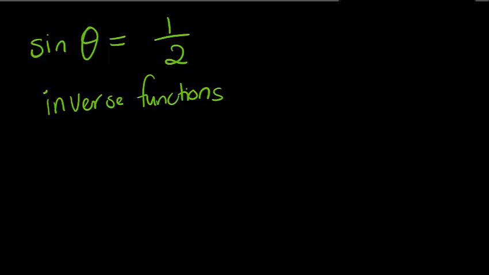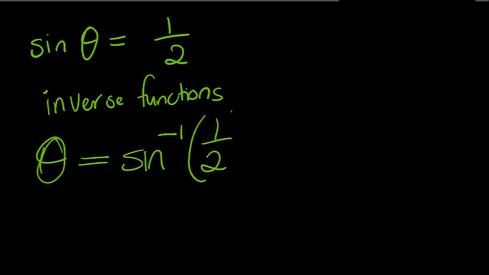In essence, if sine of theta equals 1 over 2, remember 1 over 2 is opposite over hypotenuse, then theta is going to be the inverse function of sine, which we write as sine minus 1 of 1 over 2 in brackets.